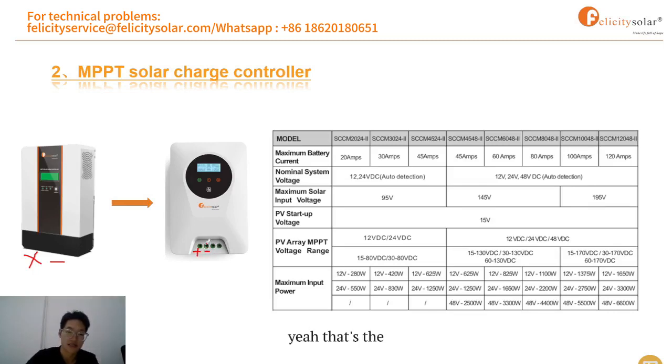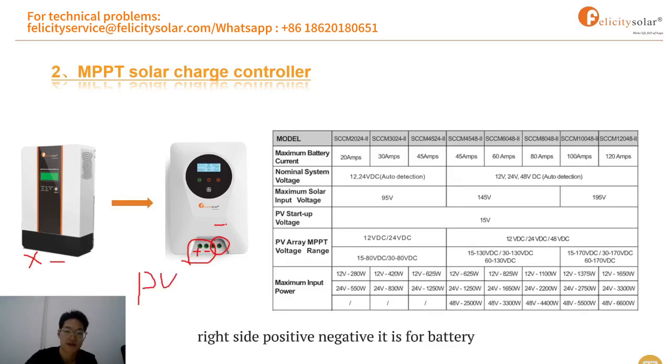The left side is the PV, and the right side, positive and negative, is for the battery. Yeah, it is for the battery.